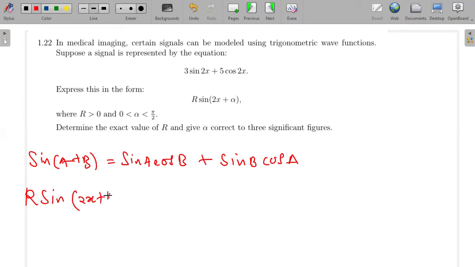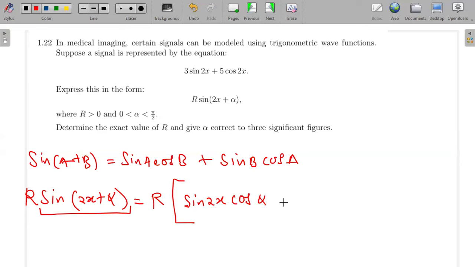2x plus angle is equal to, so now let's expand this using the double angle formula. Of course, the r is outside there. So here I have sine 2x cos angle plus sine angle cos 2x.